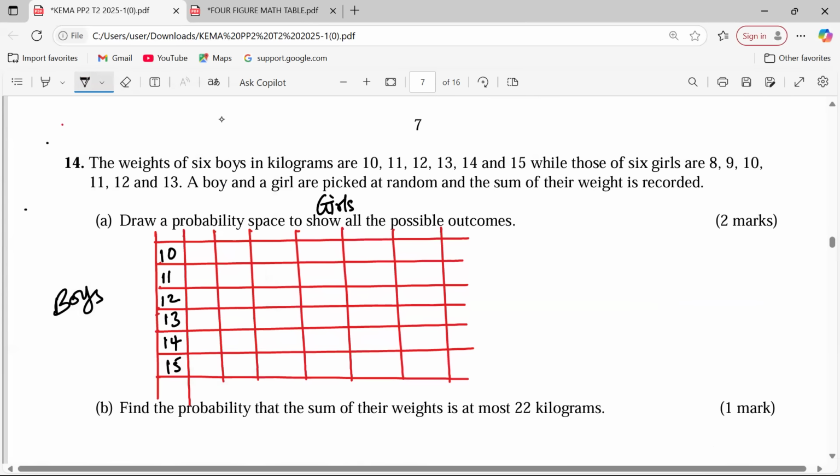The masses of girls, these are masses, not weights. Okay, 8, 9, 10, 11, all the way to 13. 8, 9, 10, 11, 12, 13, that way.